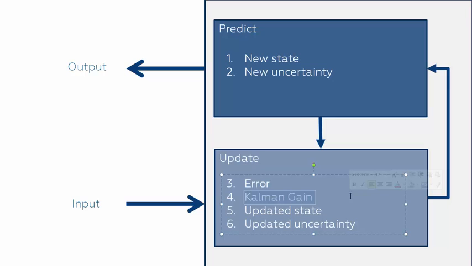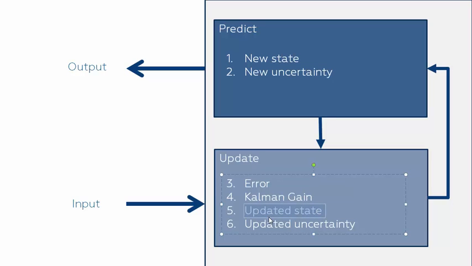So if the input measurement seems too noisy, Kalman gain will give more weightage towards the prediction which we already have. And if we are not so certain about what we already have and the new measurement seems better, the Kalman gain will multiply that factor and put more importance on the new measurement which we are getting.